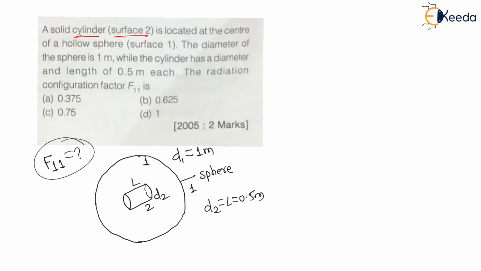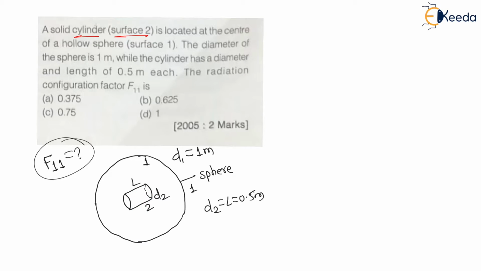Here options are given. Now can I say the inside surface of the sphere and the outside surface of the cylinder are in contact to exchange heat by radiation? For this cylinder, the view factor of the cylinder with respect to itself is 0.